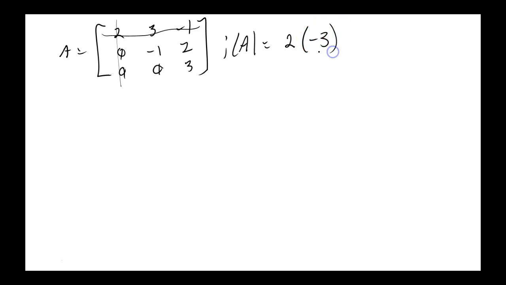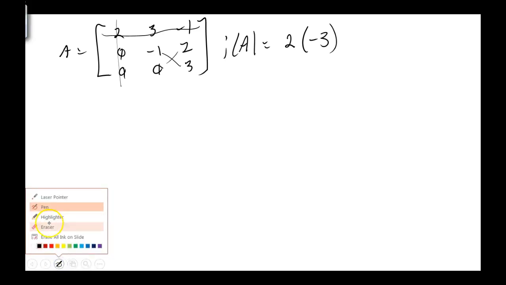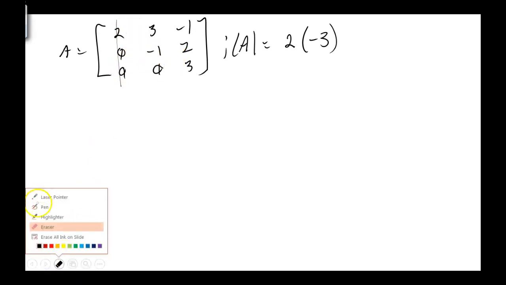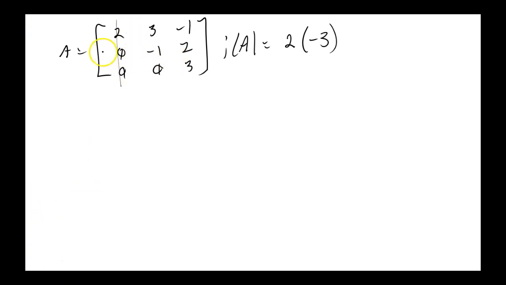Negative 3, because your down diagonal is negative 3, up diagonal is 0, so it's minus 0. First one's done. Let's do the second one. Oh, there are no more, are there? Because those are zeros. So that's it.